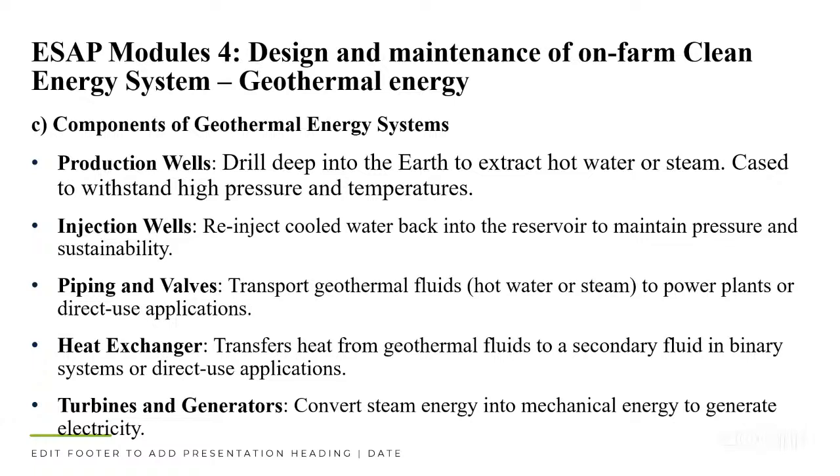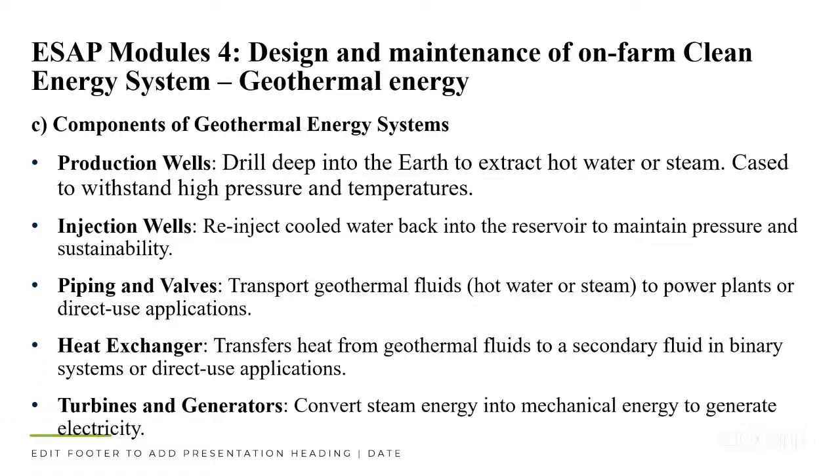And if you really need to transform it into electricity, you put the required equipment, the conversion device, to make sure that the conversion is done. But you also have the different injection wells, because you have to drill where you are going to extract water from, but also where you are going to re-inject the water.